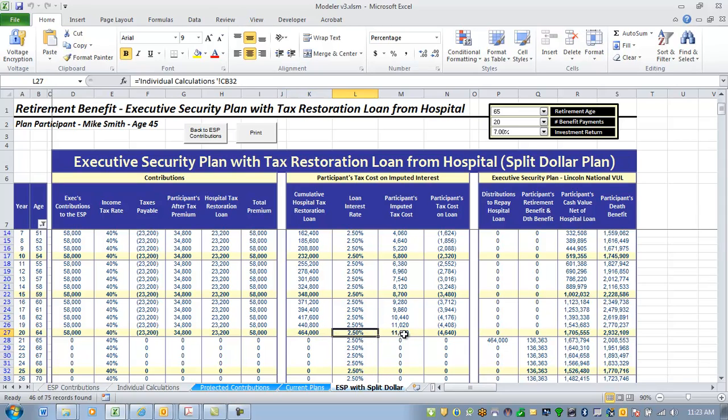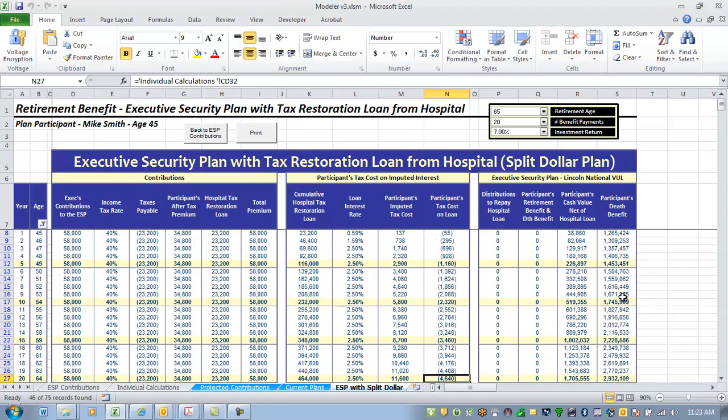At 2.5% interest would be about $11,600 of reportable income, which would cost the executive about $4,600. So it's a fairly modest cost, given the size of the death benefit that's in place, and given the fact that the executive has these loan dollars working for him or her inside the variable universal life policy.